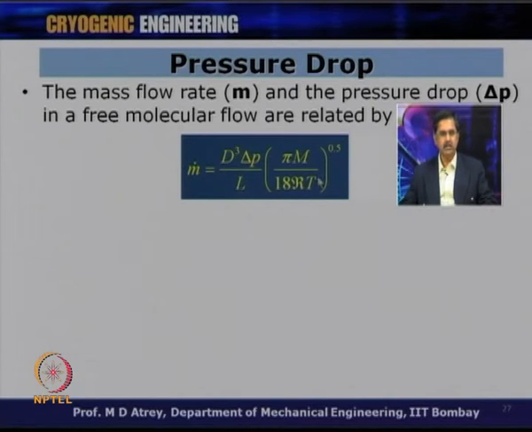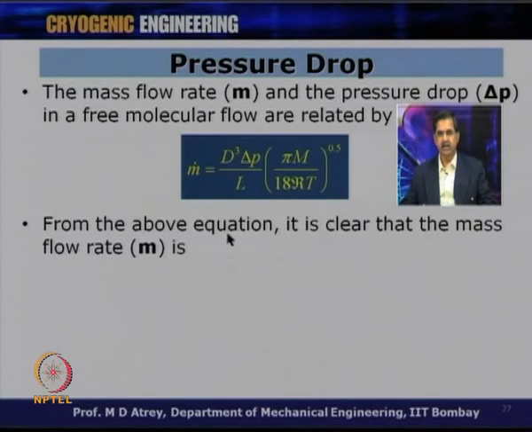So, things are changing as we shift from the continuum region to the free molecular region, and this is very important because we will have to understand what diameter and what length I should use if I were to connect my vacuum pump with the space to be evacuated. If I know that the region to be evacuated has a certain diameter and length, I will have to understand the dynamics of molecular flow in that particular space.